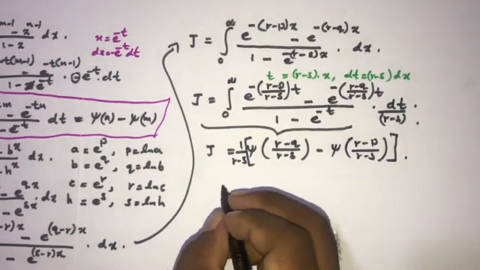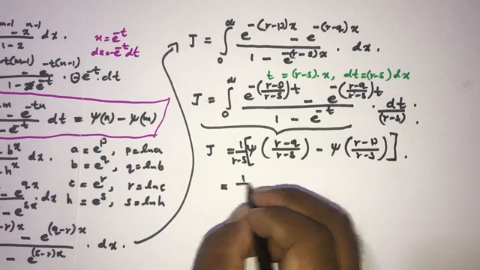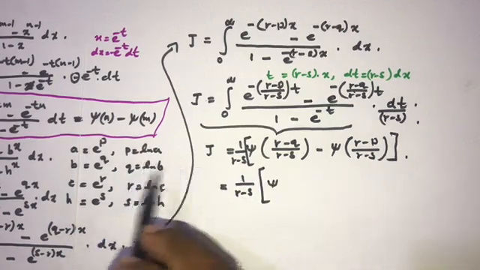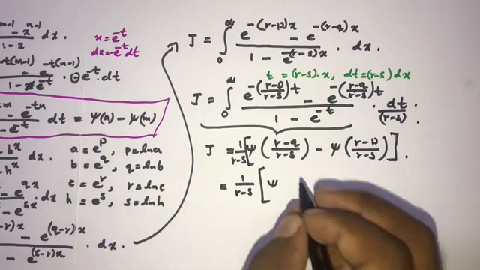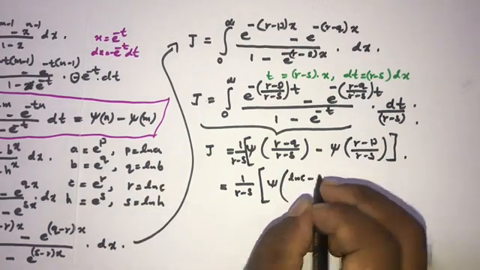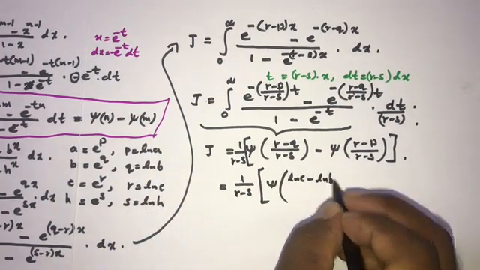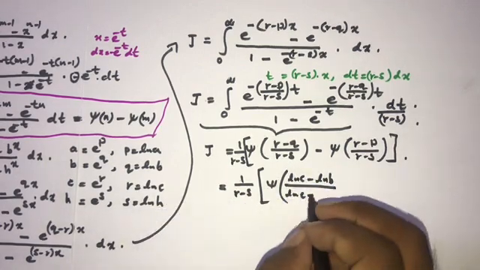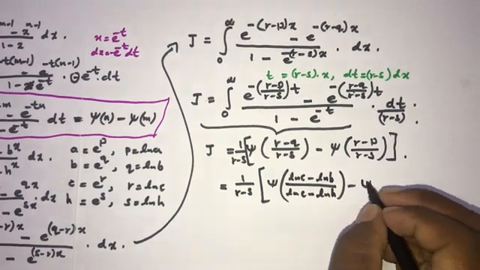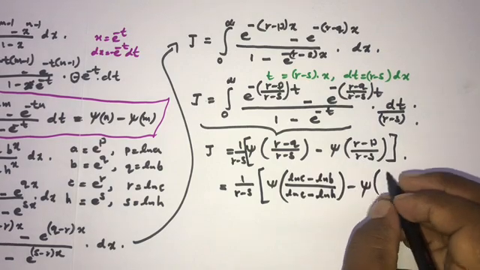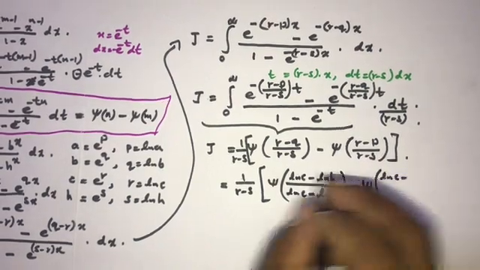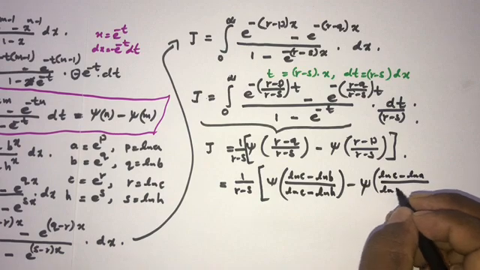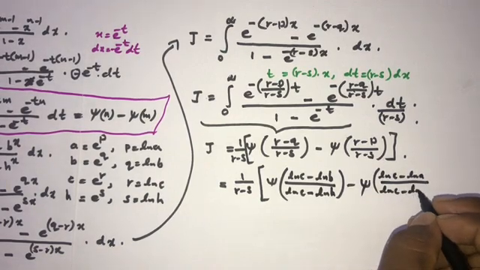Okay, then we can write this is equal to 1 over r minus s, and here digamma of, now r is equal to natural log of c, so we can write natural log of c minus q is equal to natural log of b over r is equal to natural log of c minus s is equal to natural log of h, minus digamma of, now r is equal to natural log of c minus p is equal to natural log of a over r is equal to natural log of c minus s is equal to natural log of h.